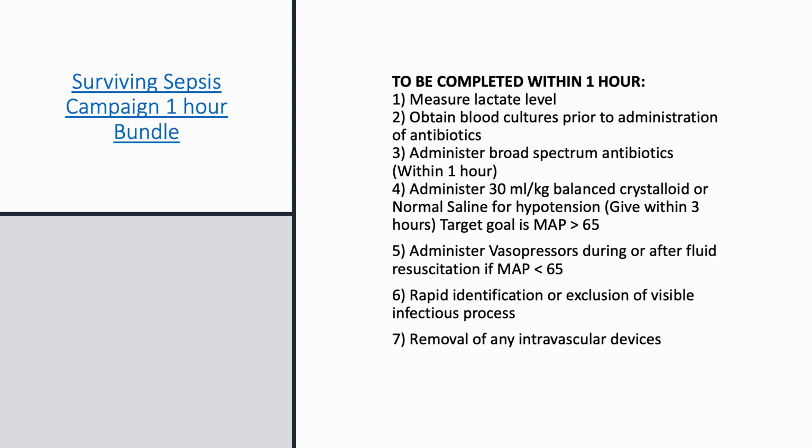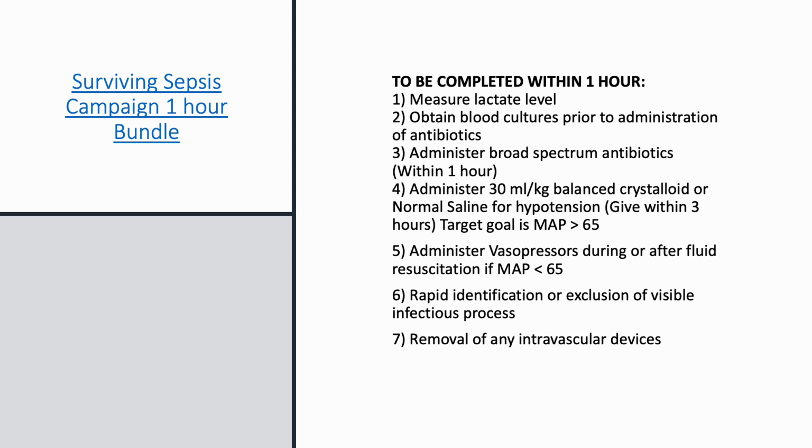The goal is to achieve a MAP greater than or equal to 65 millimeters of mercury, which helps restore adequate perfusion to vital organs. Vasopressors, if the fluids do not raise the MAP to greater than or equal to 65, vasopressors like norepinephrine are needed to support blood pressure.